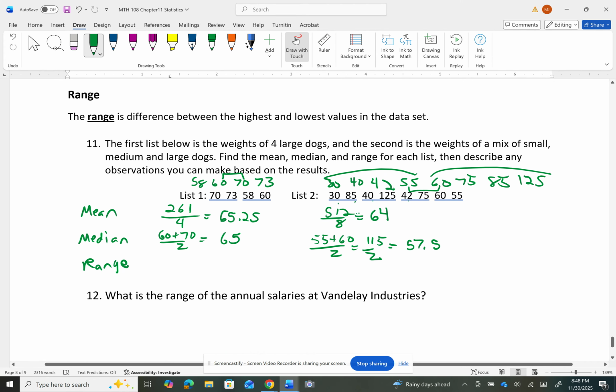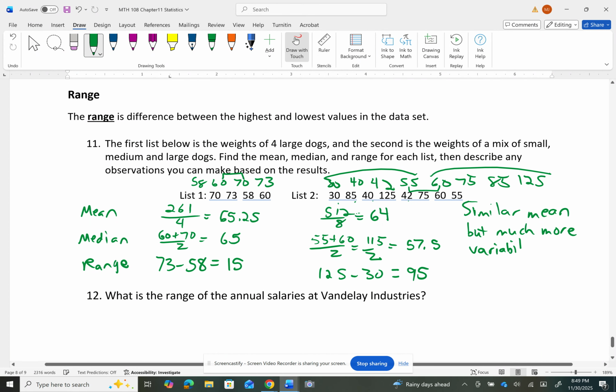And then the range would have been highest minus the lowest, period. And so 73 minus 58 would be 15, where over on the second set, 125 minus 30 is 95. Okay, so we have a similar mean, and even the medians aren't that different, but much more of what you might call variability in list 2.